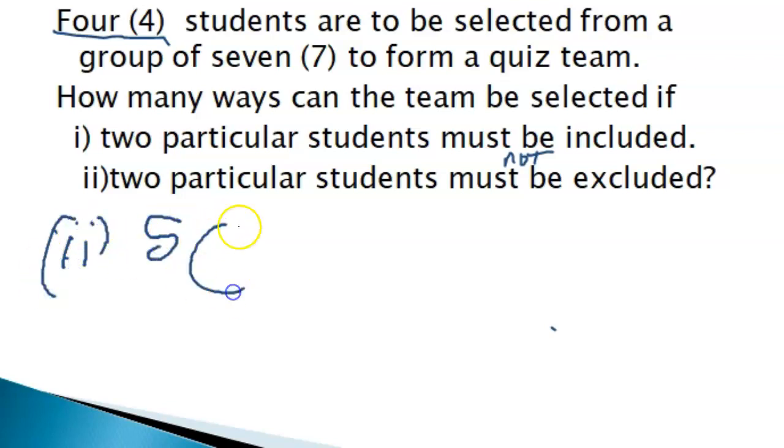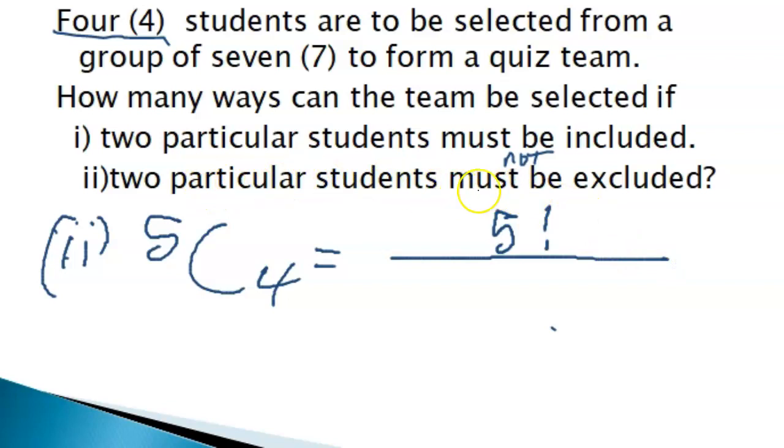And how many persons are you choosing from the 5? 4 students. So 5 choose 4. So 5 students you're really selecting from, since 2 must not be included out of the 7. So you're really selecting 4 students from 5.